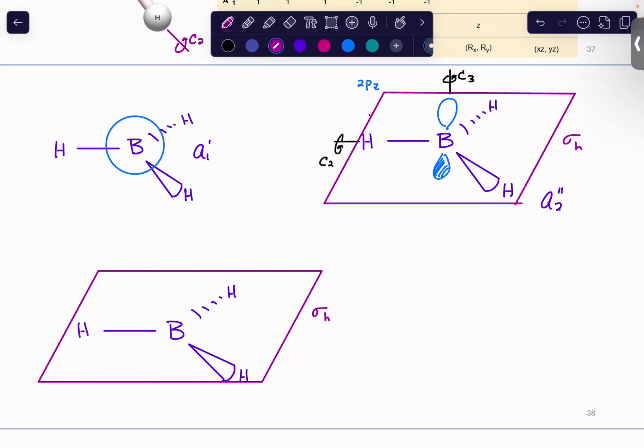So our sigma H, and then we can think of all of our rotations. All right, so then what I'm going to draw in is 2py, and 2px, okay?